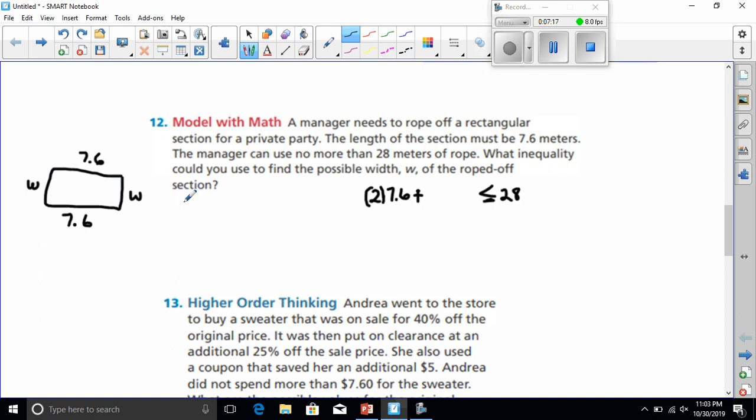And that'd be added to 2 W's. We don't know what W is, but we do know there'd be 2 of them. If I take 2 times 7.6, 7.6 plus 7.6 is going to be 15.2.